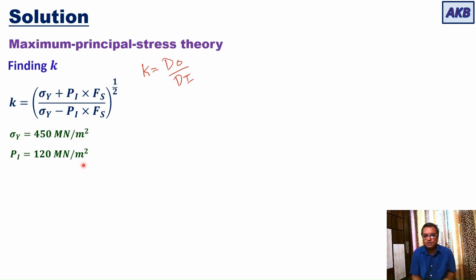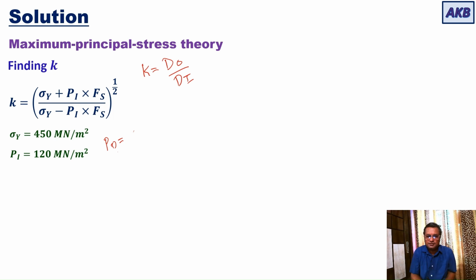Here you have an option of using design pressure. While designing vessels, instead of using the operating pressure, we can use design pressure, and design pressure will be say 5% more than the operating pressure.